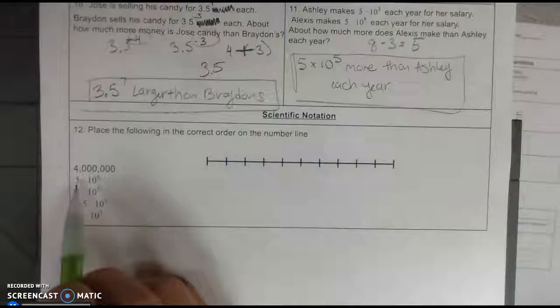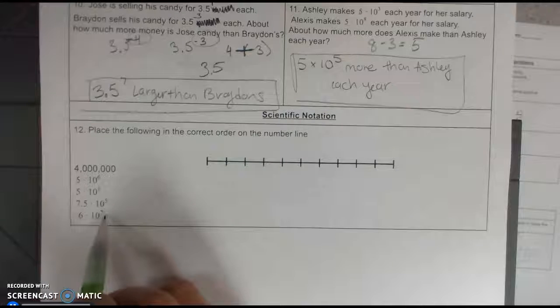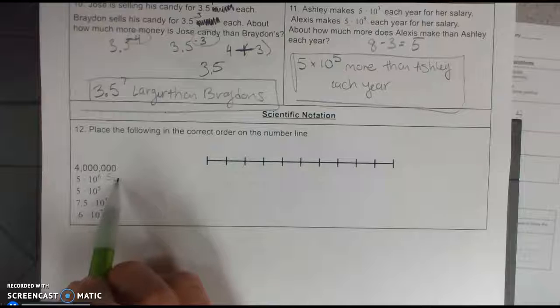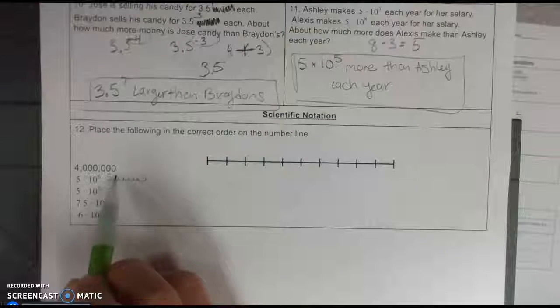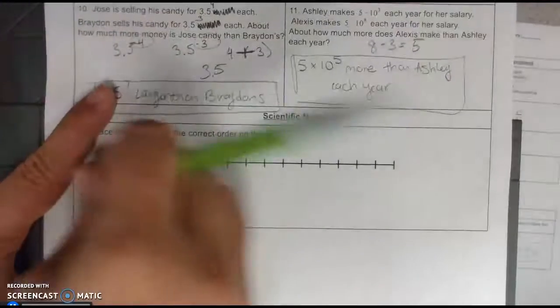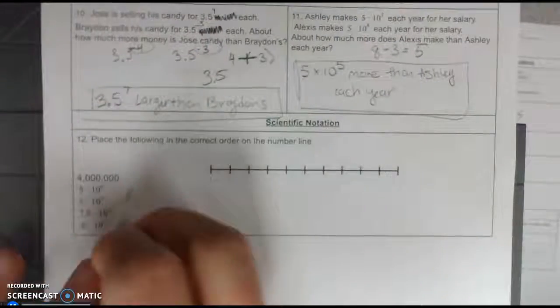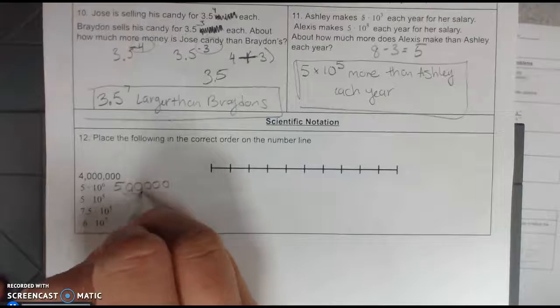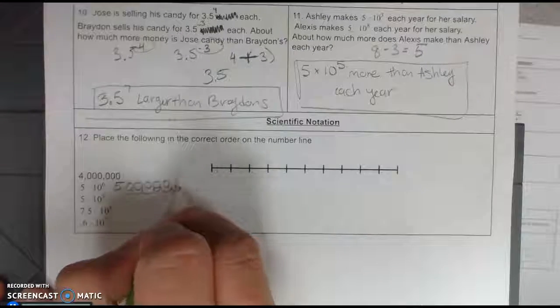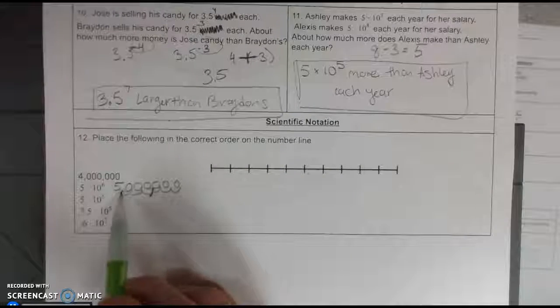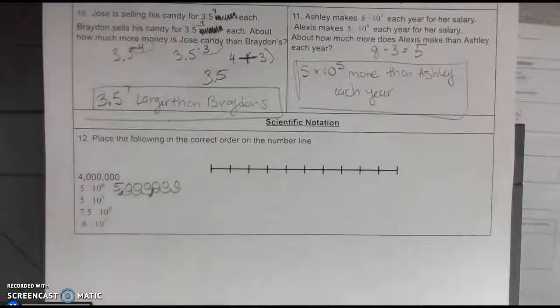The way that I'm going to do it is I'm going to put these into standard form. So I know that this is going to be 1, 2, 3, 4, 5, 6. Let me make that a little bit larger for you. So I'm going to have 5 million.